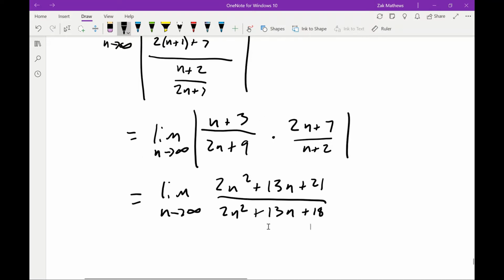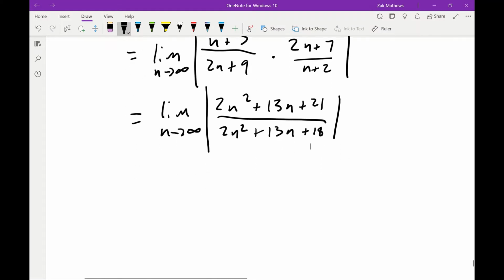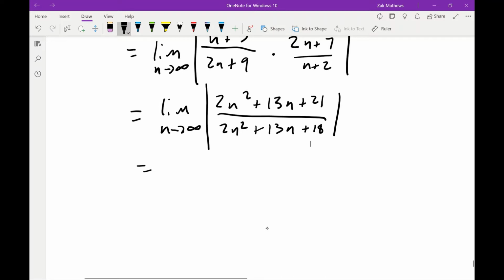And once we multiply them, we can very clearly see that the degree of the top matches the degree of the bottom. If we were to plug in n going to infinity, we would have these two dominant terms, they're both going to 2, so we'd have 2 over 2, which is equal to 1. And remember what that tells us: this case doesn't tell us anything, it's inconclusive.